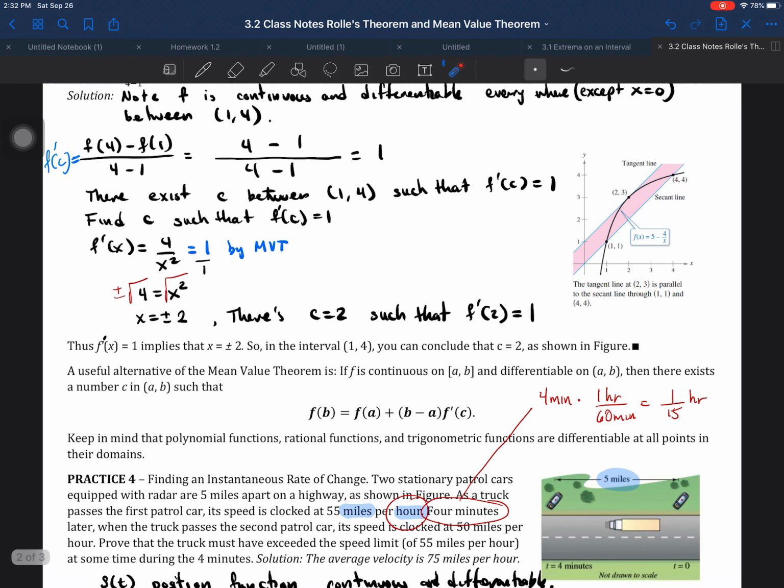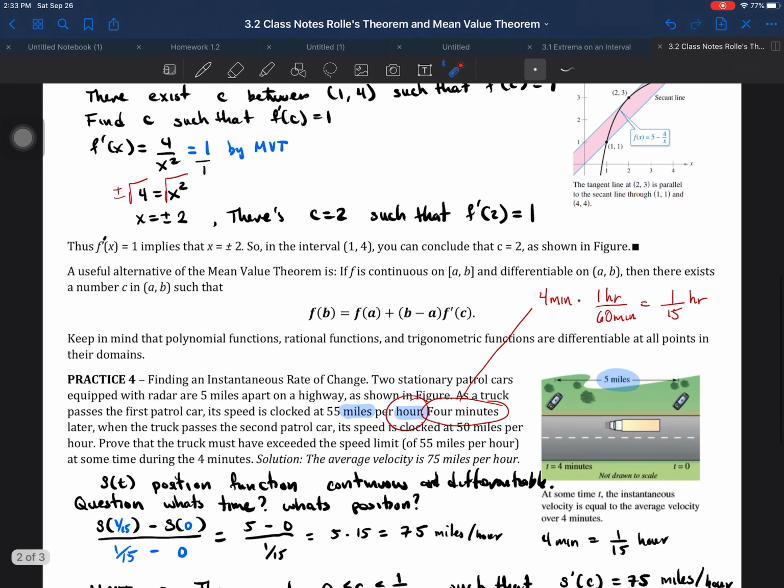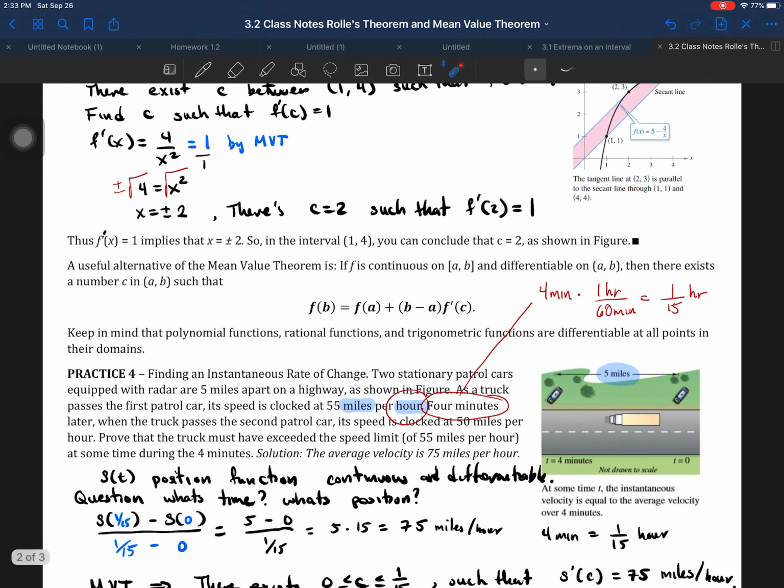Now this mean value theorem is very applicable, and in one of the cases here we're going to use that in practice 4. Also, another use of the mean value theorem: if f is continuous on a closed interval a to b and differentiable on an open interval a to b, then there exists a number c between a and b such that f of b equals f of a plus b minus a times f prime of c.